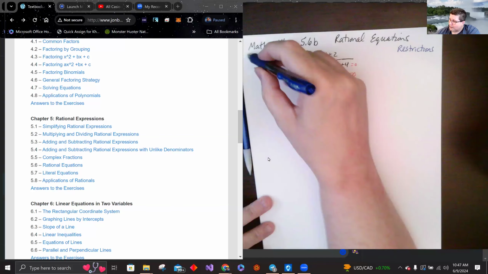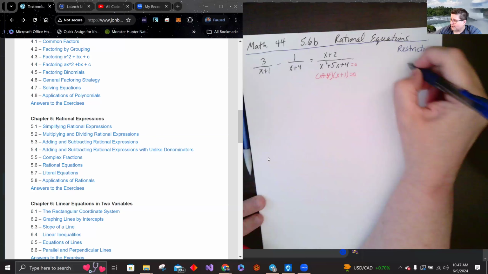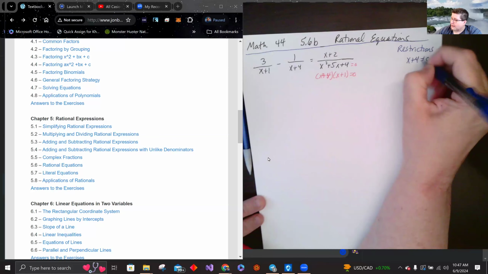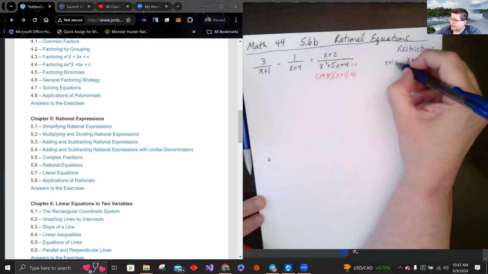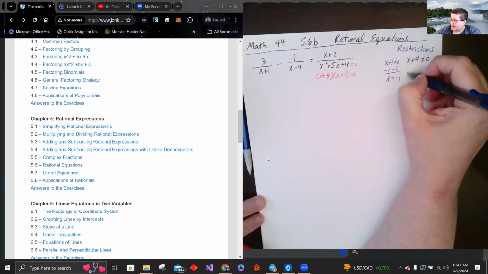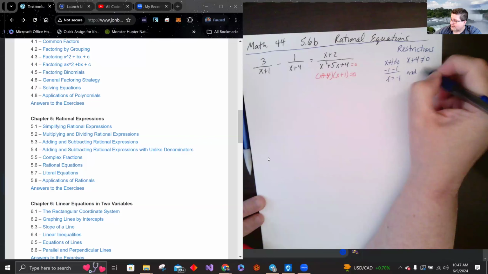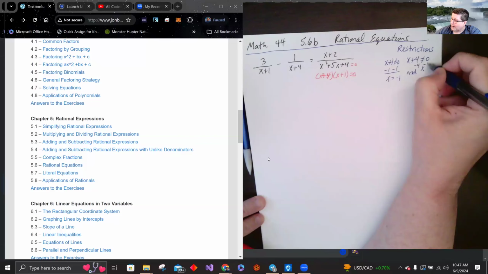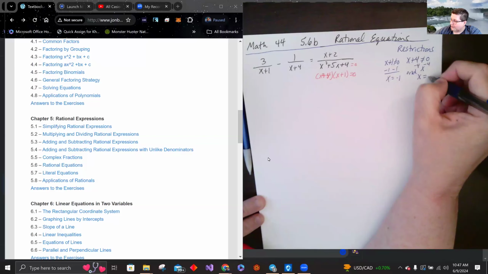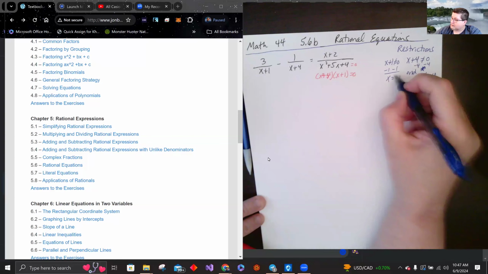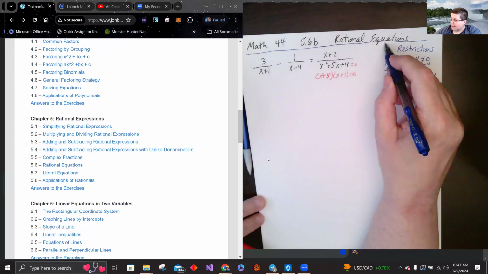X plus 4 cannot equal 0. X plus 1 cannot equal 0. So x cannot equal -1, and if I subtract 4, x cannot equal -4. So keep those in mind.